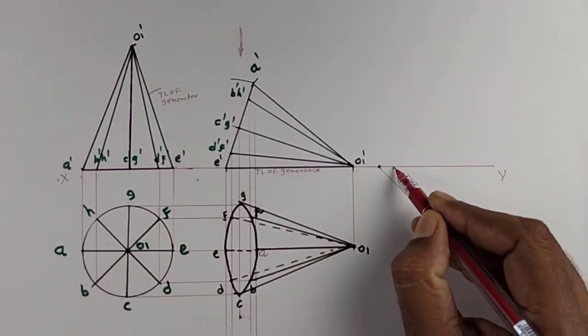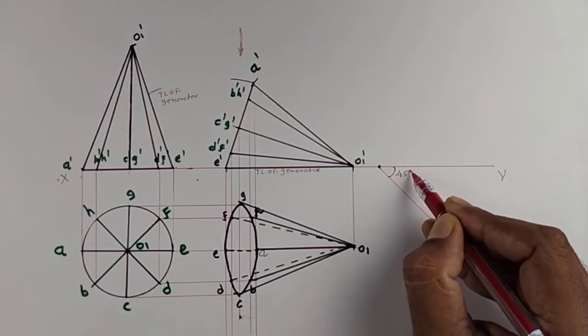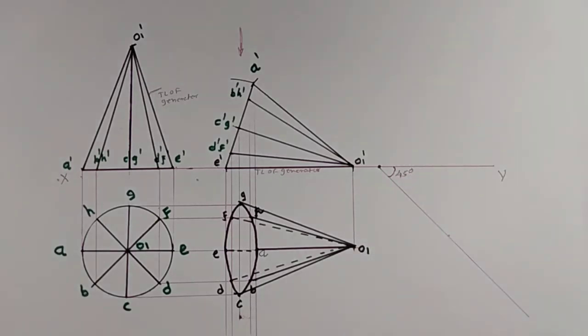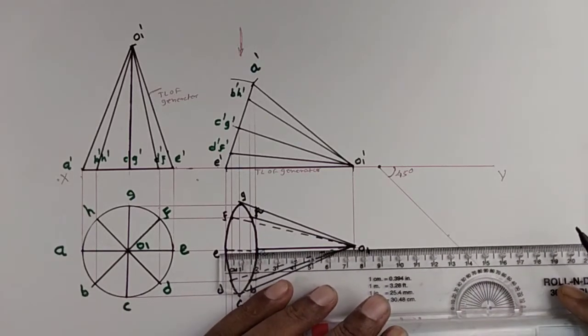On this inclination line, we rearrange the top view of true length of generator EO1. So what I do, I measure the length of EO1.